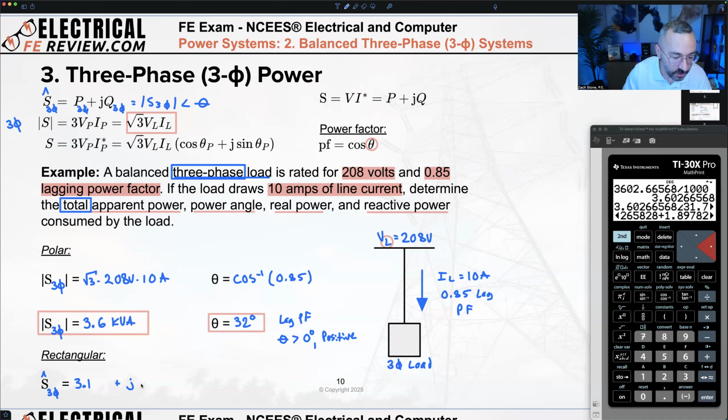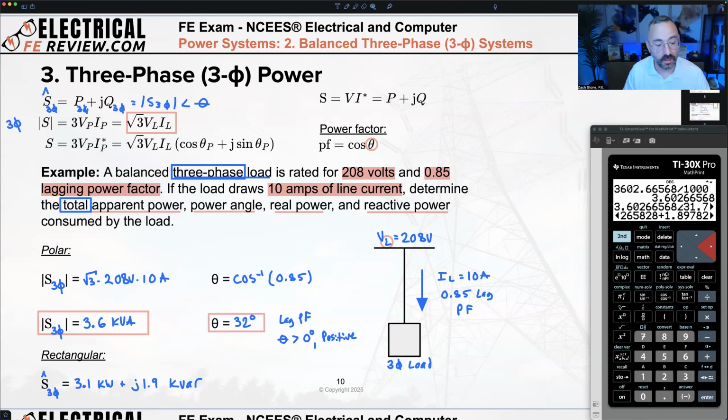All right, what are my units here? If I had 3.6 kVA at 32 degrees, I know this is P, I know this is Q. P is going to be watts, Q is going to be vars, but we're working in kilovolt amps, kVA. So this is really kilowatts. This is really kilovars, right?